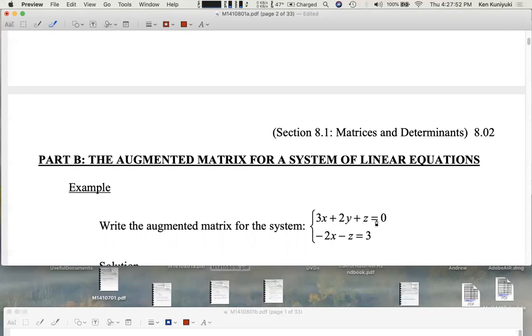By the way, I highly suggest you cross your z's when you write them on a piece of paper. Why? Because in Math 252, Calculus 3, or in linear algebra, Math 254, many students mix up their z's and their 2's. And I've taken off points because students mix up their z's and their 2's.